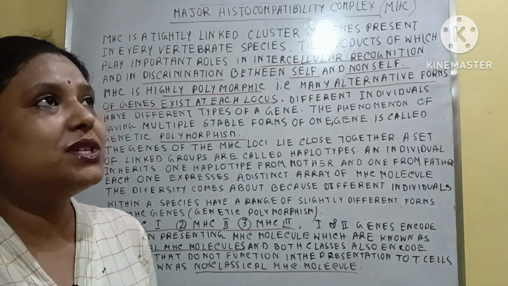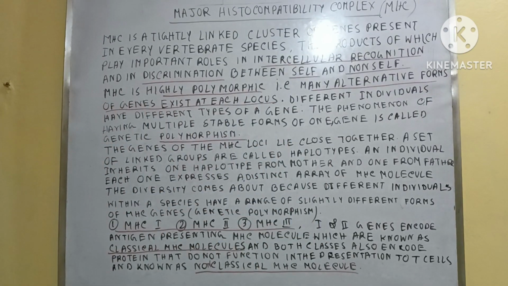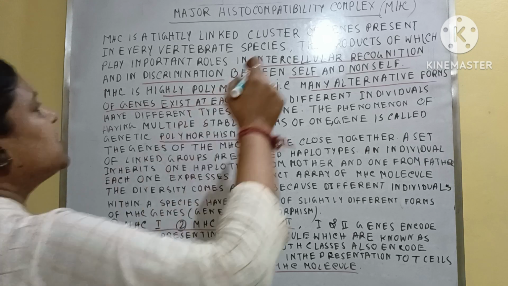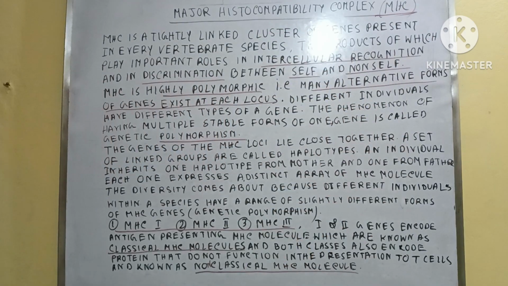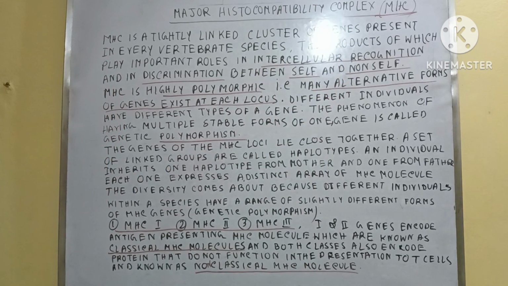So let's start. Today's topic is MHC, or major histocompatibility complex. Clear? This is the full form of MHC, the major histocompatibility complex, and the short form is the MHC complex.